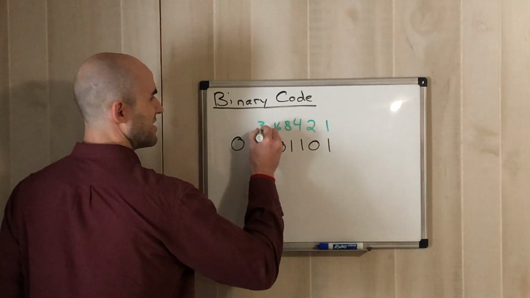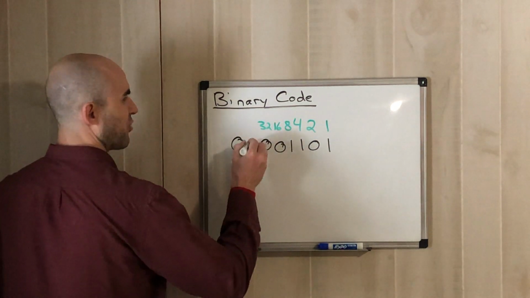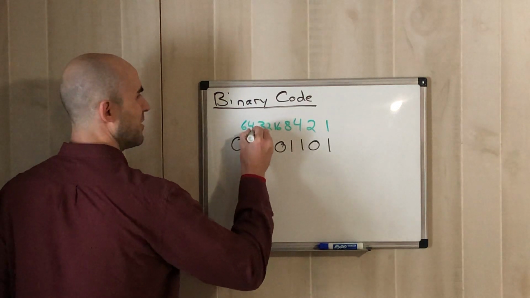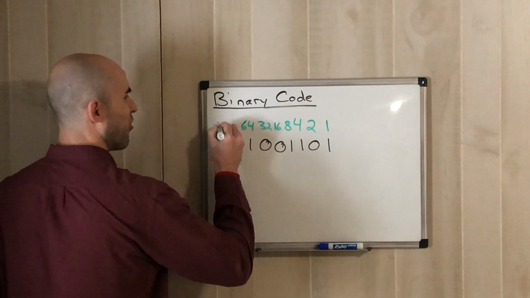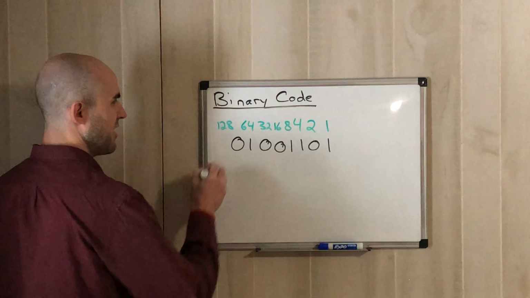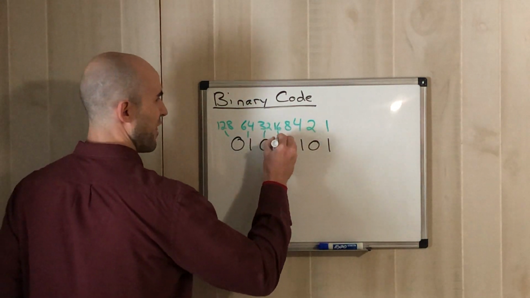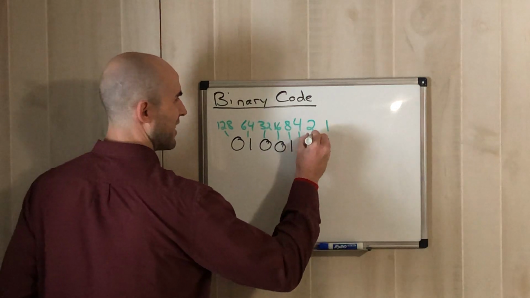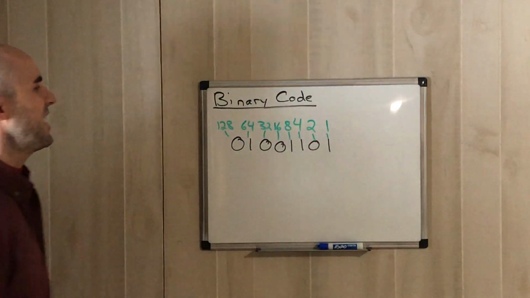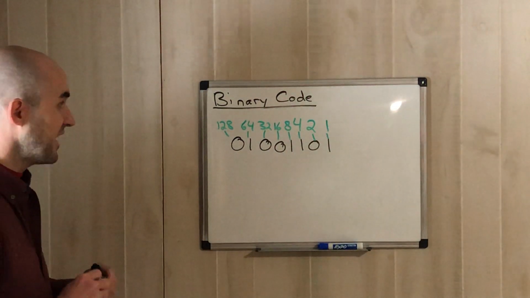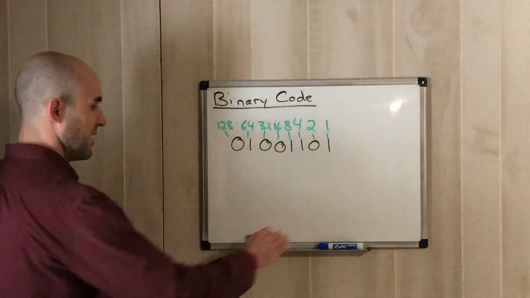After 16 is 32. After 32 is 64. And after 64 is 128. So that goes with that, that goes with that, and now it's just a way of us seeing what numbers we have.